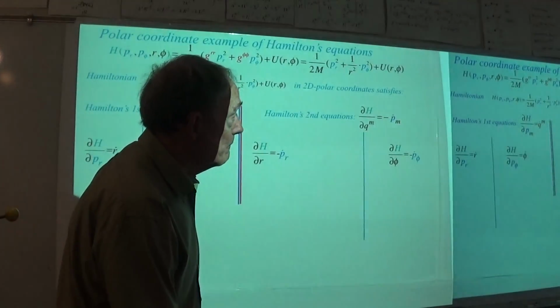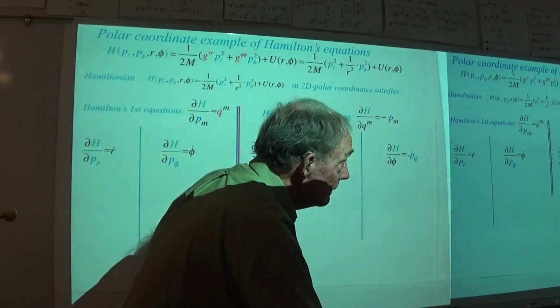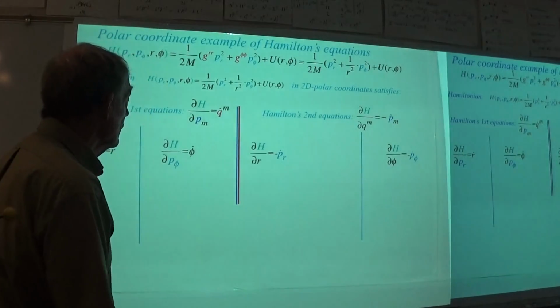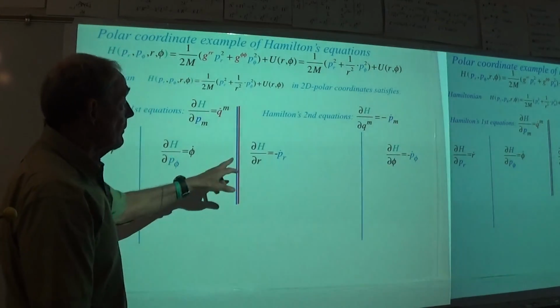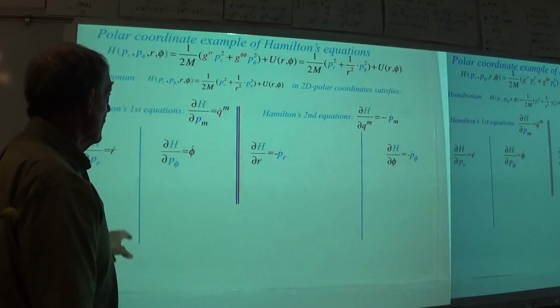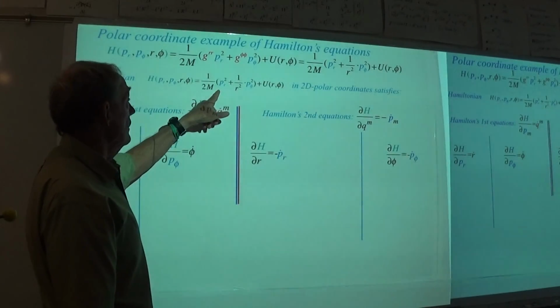There's the equations that each of those gives. So it's going to just be a matter of taking some partial derivatives for the first part of this. When I look in there for the partial derivative of the Hamiltonian with respect to p r, it's pretty easy.